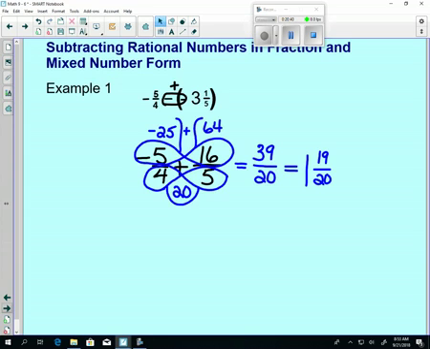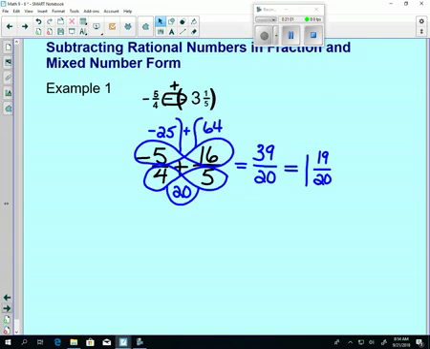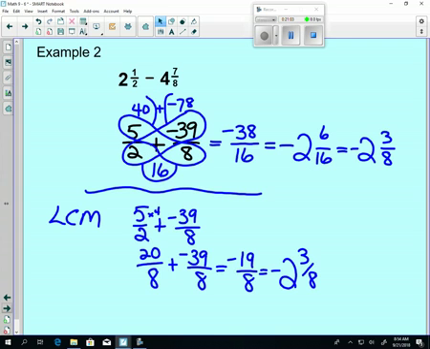Oh, made a mistake there. It should be positive. Bigger number is positive. Positive 1, 19 over 20. There's a second example there.